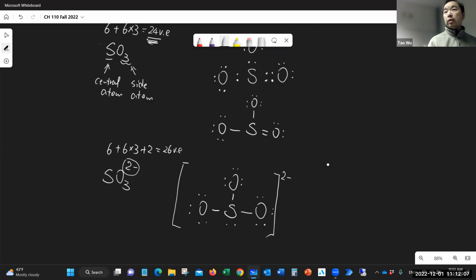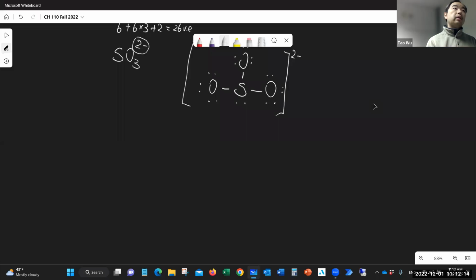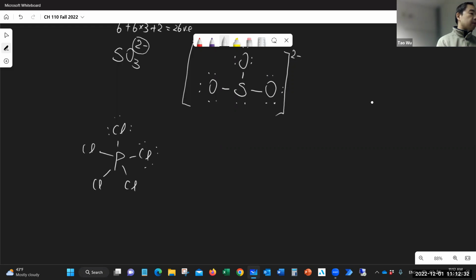Generally this is what we talked about last time. We also talked about some exceptions, some compounds like PCl5. In PCl5 the central atom has 5 bonds, which means 10 electrons. This is an exception, because all the elements should follow the octet, which means 8 electrons.